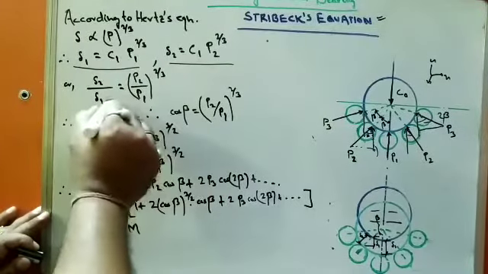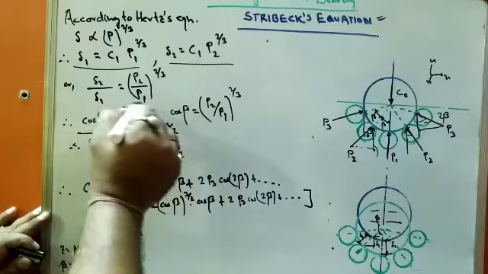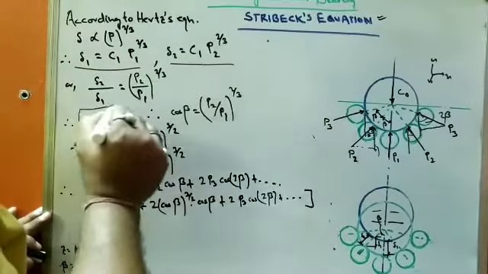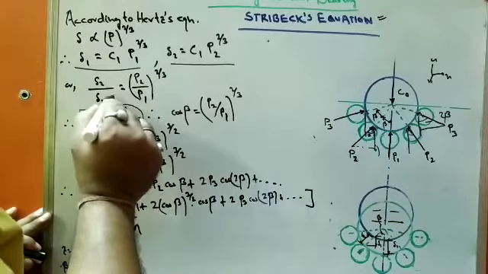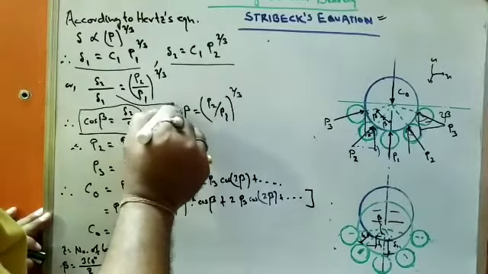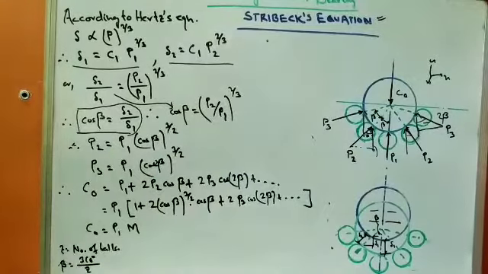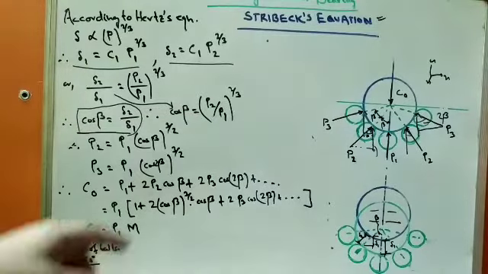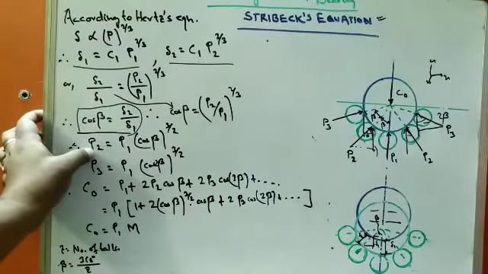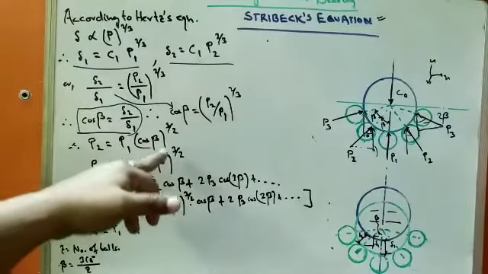The equation becomes cos beta is equal to P2 by P1 to the power 2 by 3. Rearranging, P2 is equal to P1 into cos beta to the power 3 by 2.